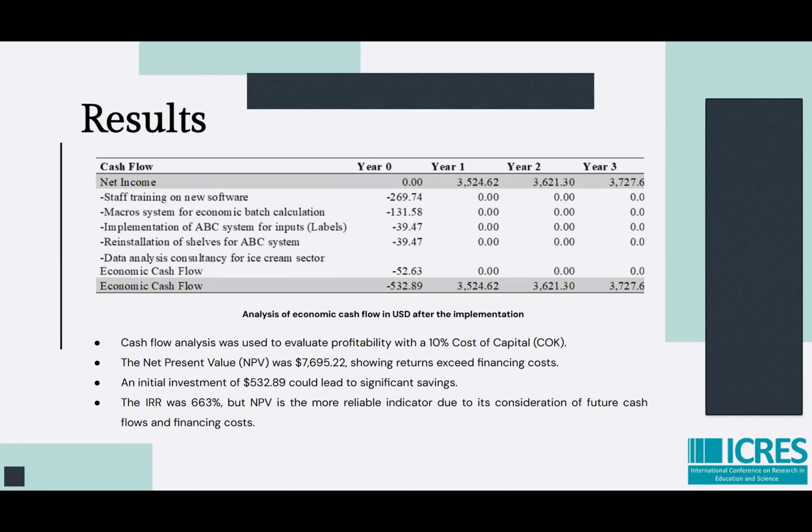The initial investment, as you can see in year 0, is approximately $500. So this indicates that a small investment could have a high potential saving in the future. And finally, the internal rate of return is 663. So this analysis confirmed that implementation is not only operationally effective, but also financially sound and sustainable.